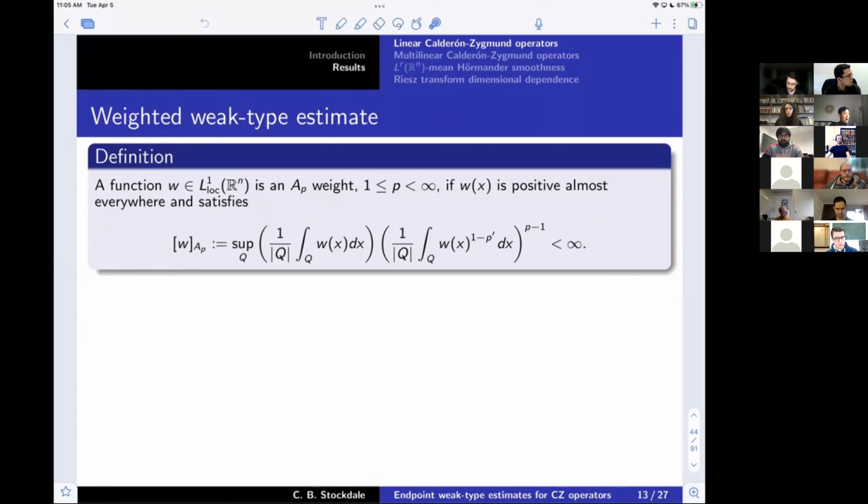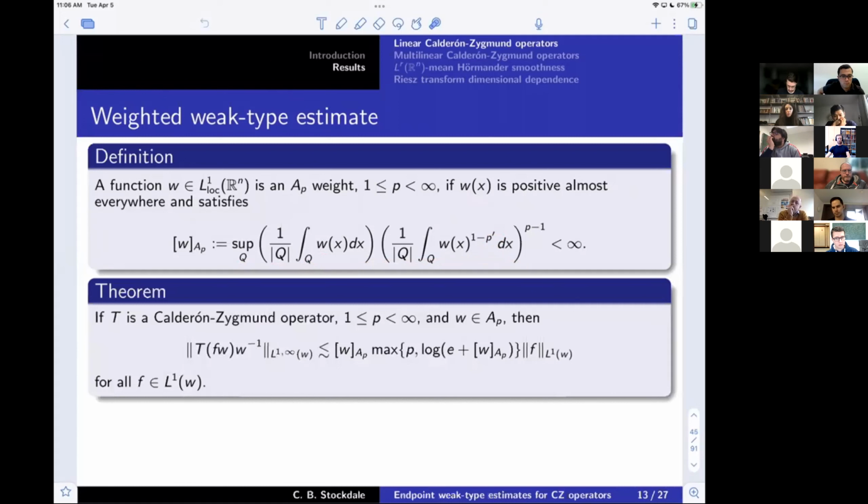And we say that it's an Ap weight if this condition holds, that these averages of the weight and the weight to the 1 minus p prime, this is the Hölder conjugate exponent, so 1 over p plus 1 over p prime equals 1, if the product of these averages is uniformly bounded over all cubes Q in Rn. So that's the Ap condition. It turns out that this is the correct assumption to put on weights for the Lp theory to hold. And there's an appropriate definition of this when p equals 1 as well.